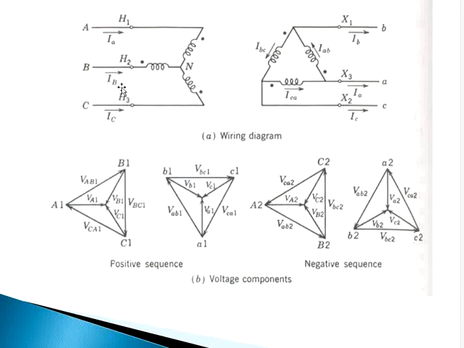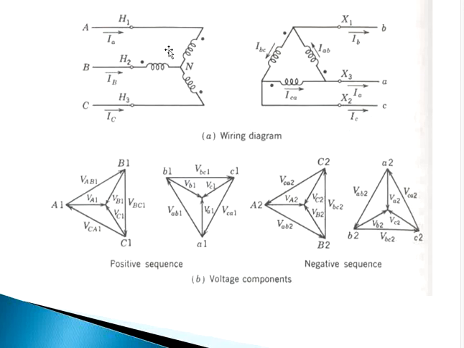Now, as I said, there is a 30-degree phase shift between the primary and secondary. VA1 resembles this winding; this winding is equivalent to this winding. So VA1 resembles VB1 on the secondary side.